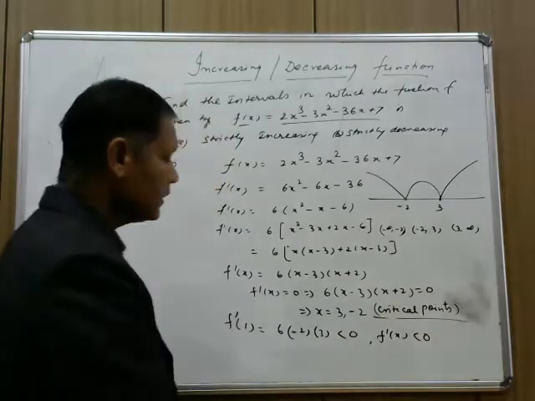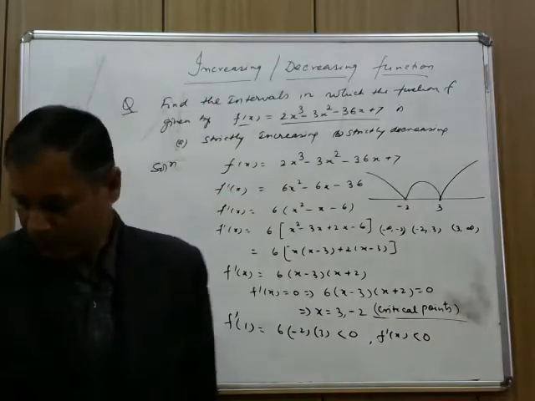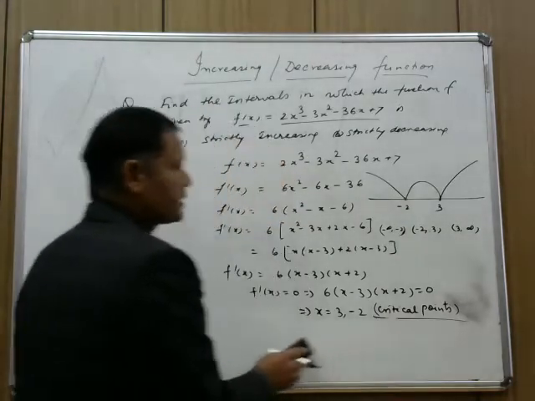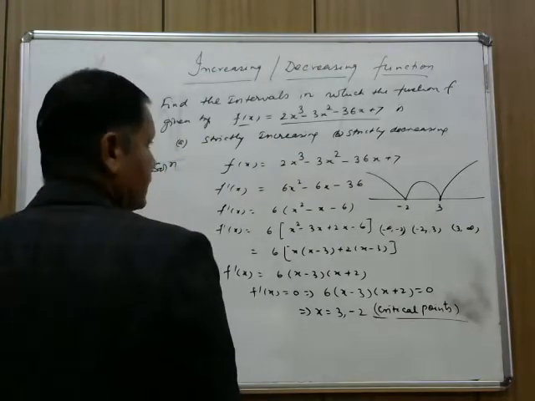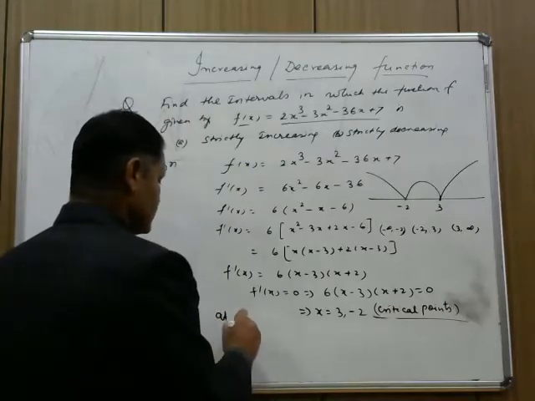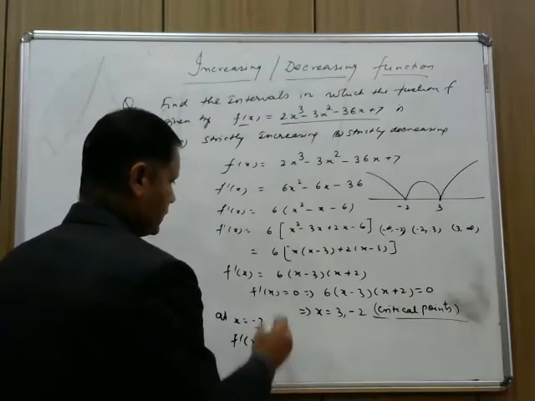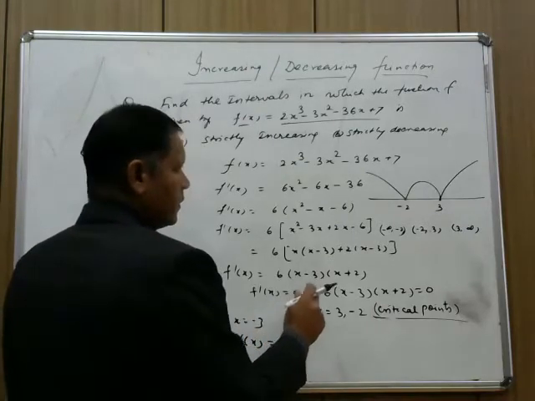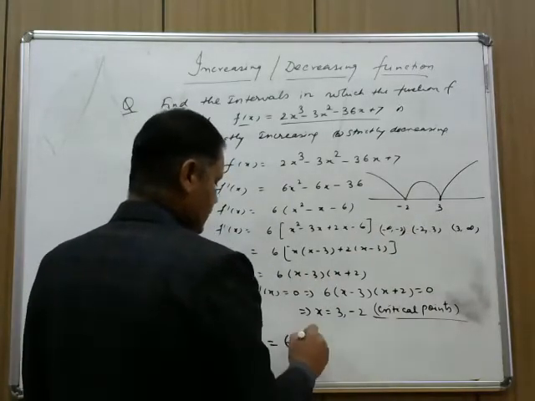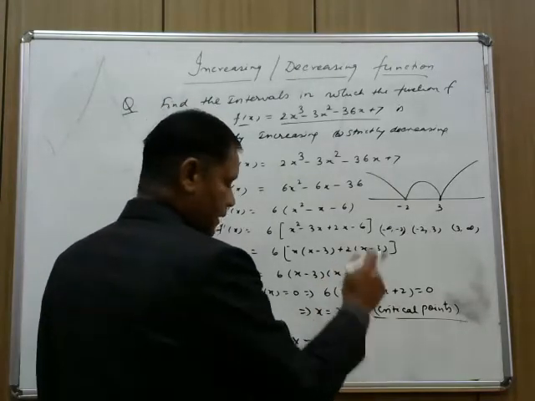Right? Third thing now, third interval, minus 2 to minus infinity. If I take any number between minus 2 and minus infinity, suppose I take the number minus 3. Now at x is equal to minus 3, f dash of x becomes 6 into minus 3 minus 3, minus 6, into minus 3 plus 2, minus 1.